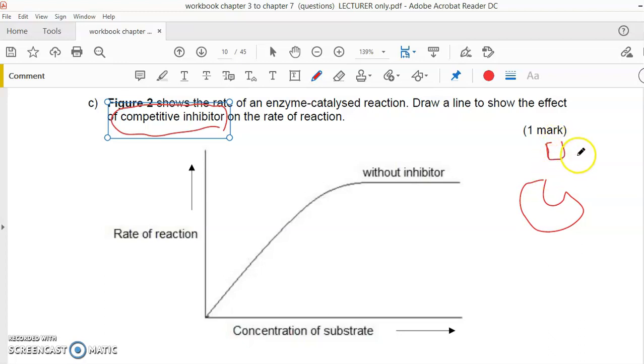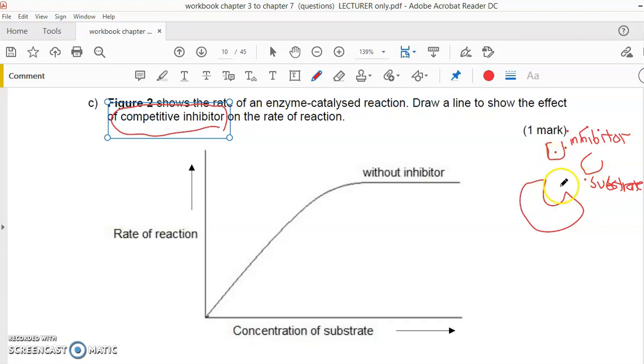Okay, one is from the substrate. The other one is from the inhibitor. My handwriting is very ugly, yeah. So in this case, inhibitor and substrate are competing to bind to the active site of an enzyme.